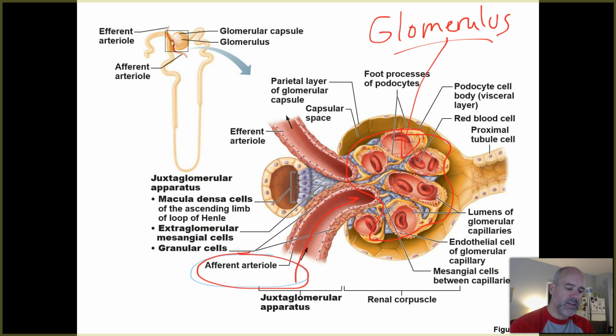The glomerulus is covered by the glomerular capsule. So this yellow structure you see here, that's called the glomerular capsule. And the space in between, that I'm highlighting here with the slashes, that's where your glomerular filtrate will be located.